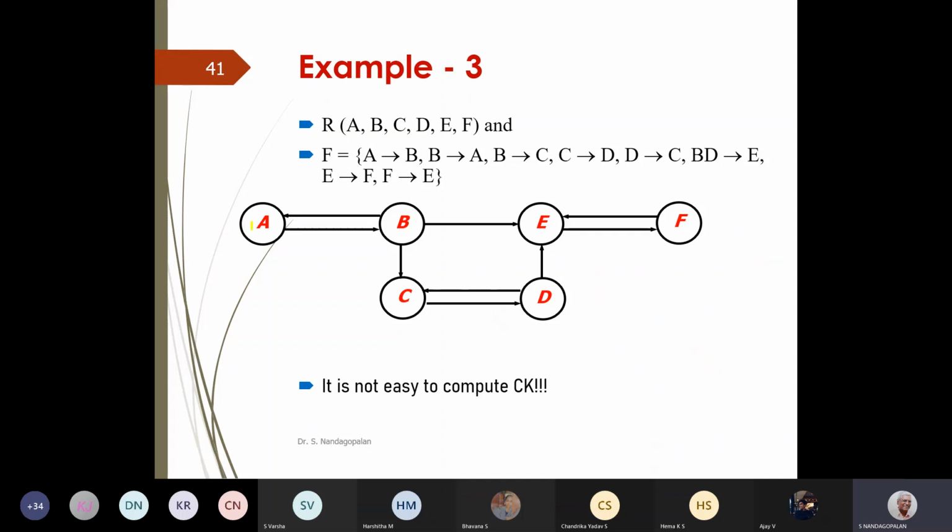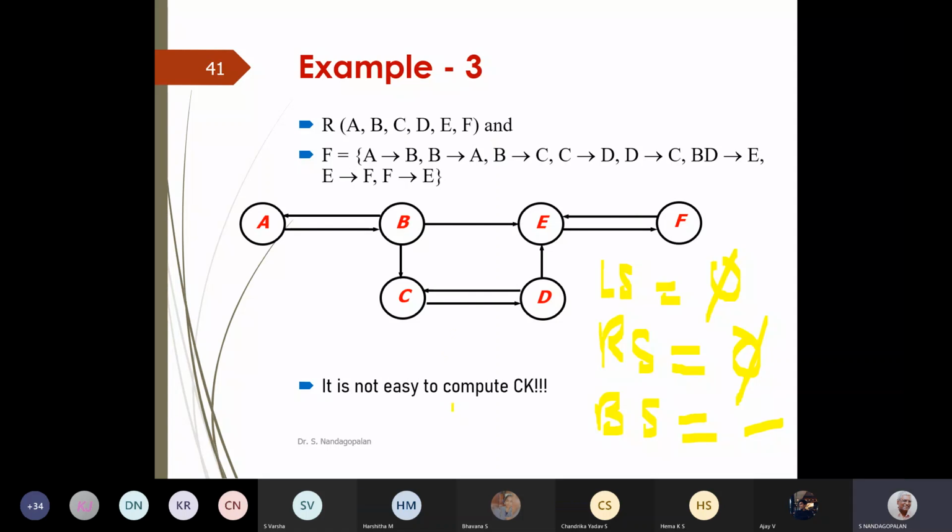You can see here A incoming, outgoing, B outgoing, incoming, C same, D, E, everywhere, all attributes you will have both incoming and outgoing. That means my left hand side set is empty. My right hand side is also empty, right? And both the sides, all attributes, A, B, C, D, E, F.